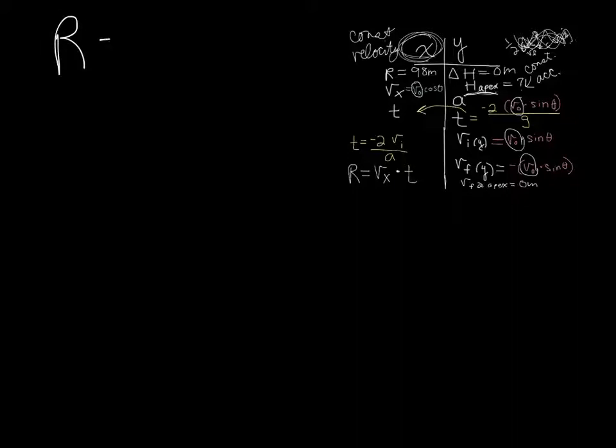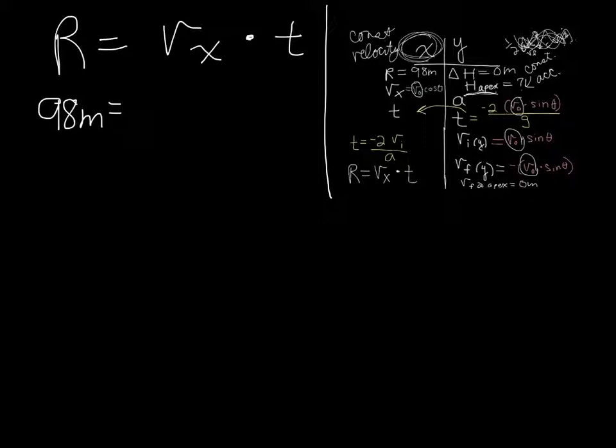So r is equal to vx times t. Okay, so we know that r, it was given that r is 98 meters, and that's equal to my vx part, which is v naught times cosine of theta, times my t part.